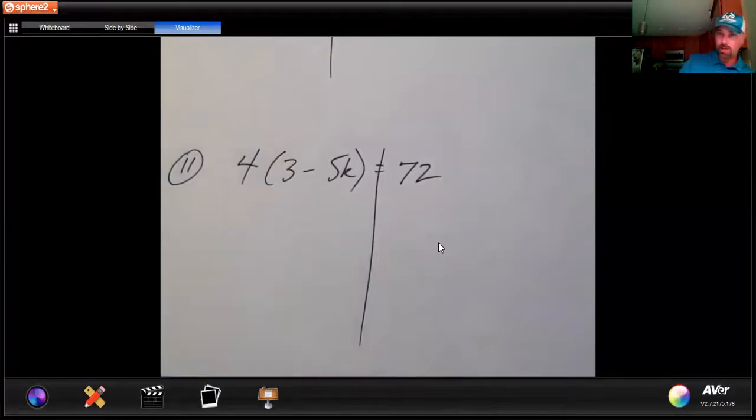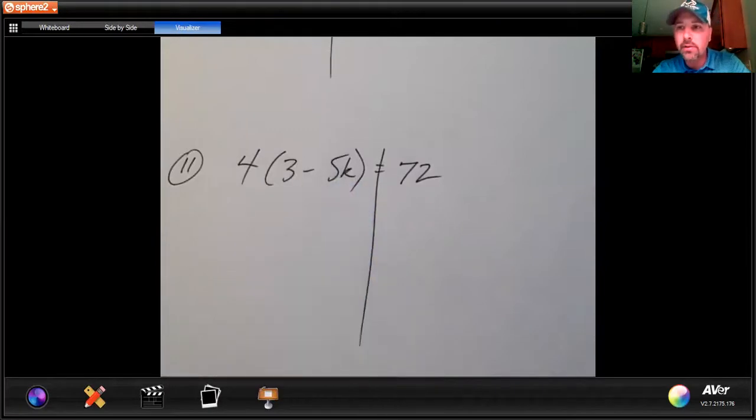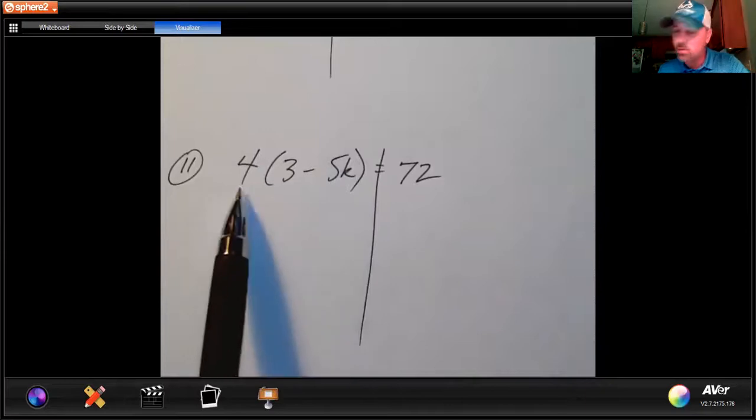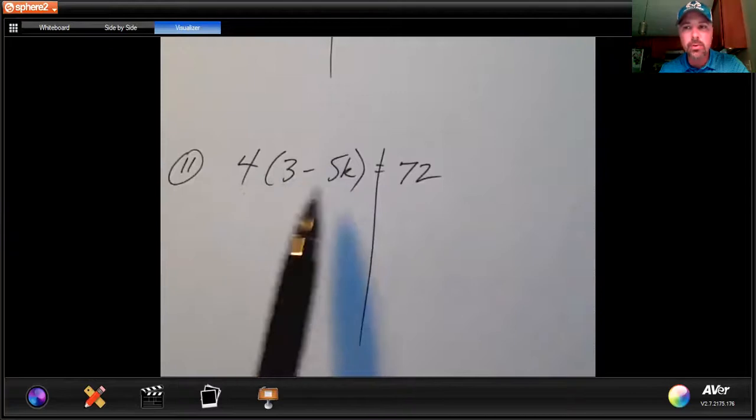Now, there's more than one way to do this, and the way that I'm going to go through it is what you're going to use when you do more challenging problems, okay? So first thing is we're going to get all the value of this out of the parentheses, okay? And the way we're going to do that is we're going to do this multiplication. Notice this 4 is right next to a parentheses.